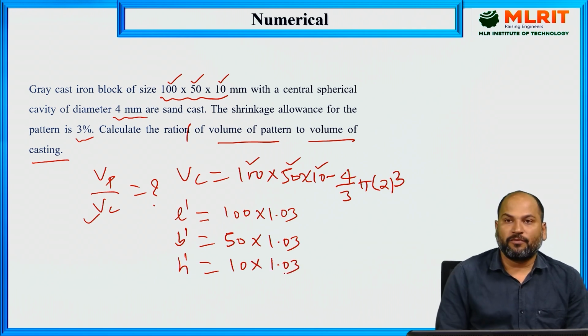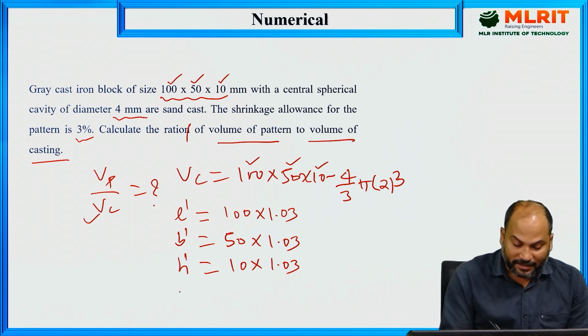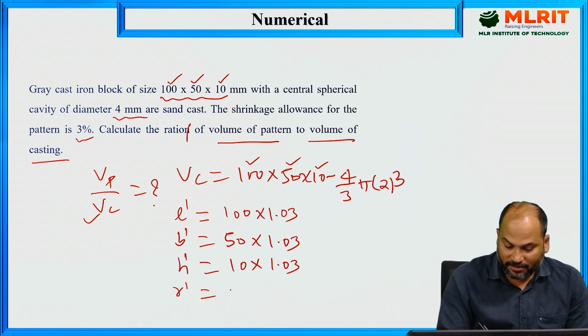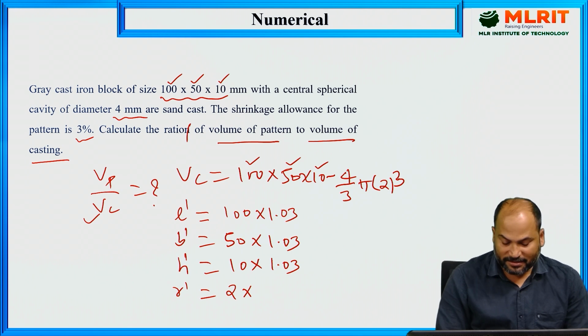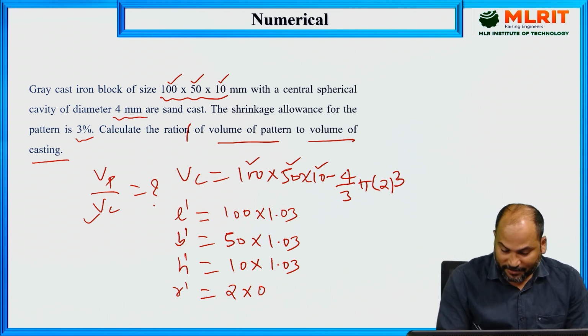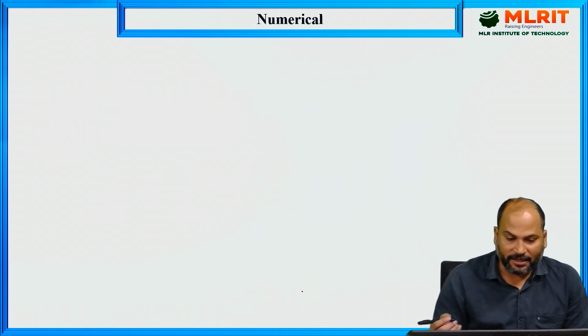And the fourth one, which is very important and different from the last numerical, is r prime, the changed radius. Initially the radius was 2 and now it will decrease, it will not increase, and as it is 3%, the value will be simply 0.97. If we write the volume, we are writing on the second page.